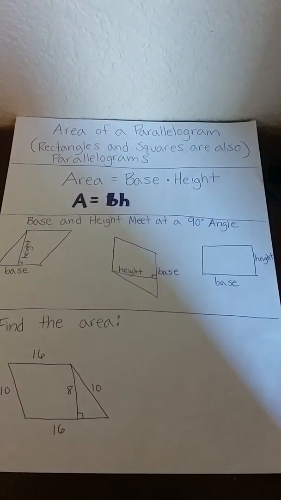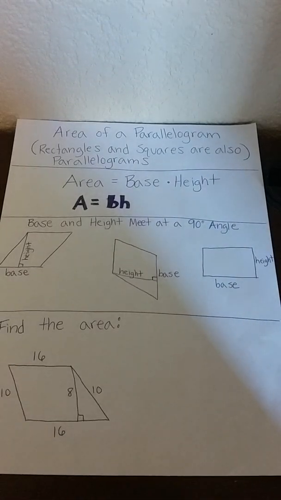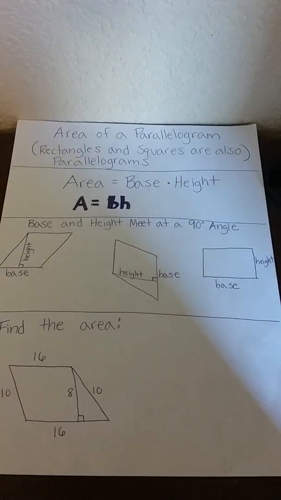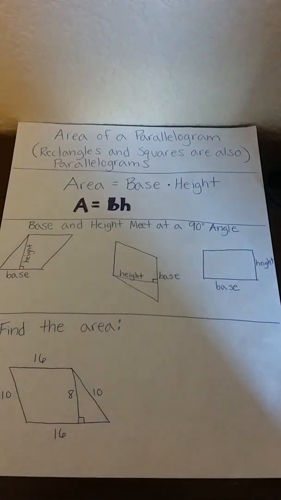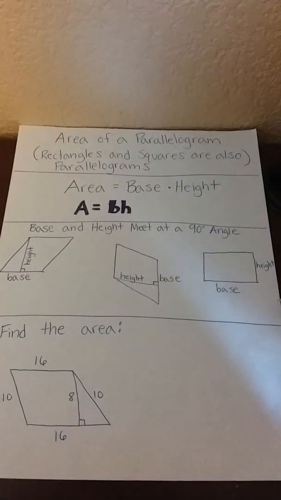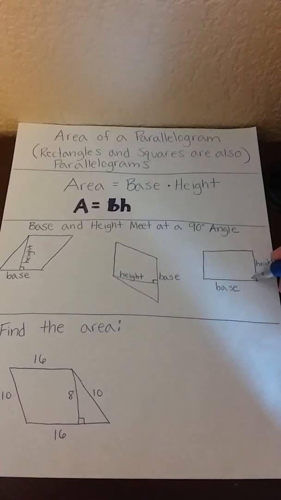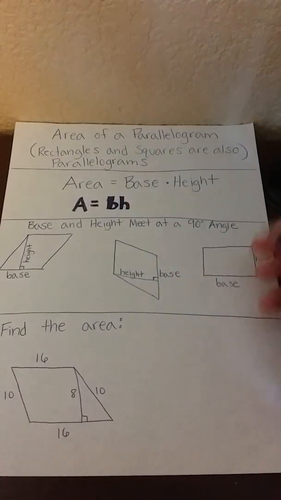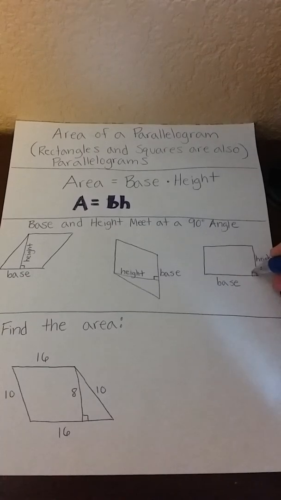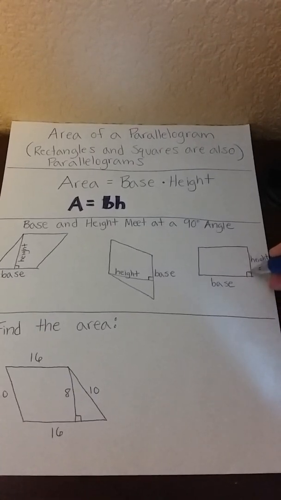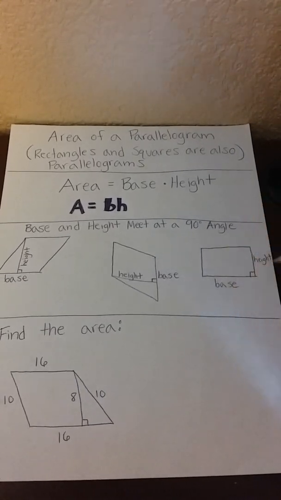If it doesn't, but it tells you it's a rectangle, all of the corners of rectangles and squares are 90 degrees. So if it tells you it's a rectangle or it tells you it's a square, that means your corner is a 90-degree angle. And then your corner is connecting this side and this side, so that's your height and that's your base.